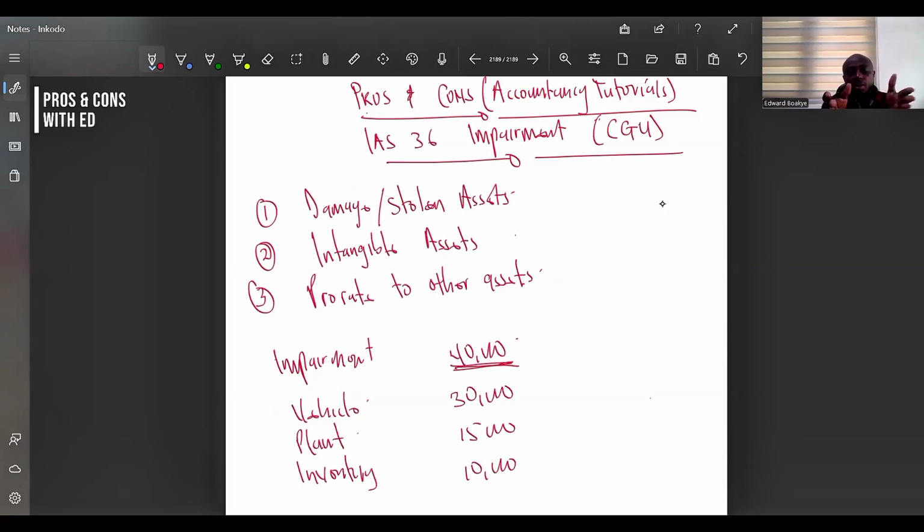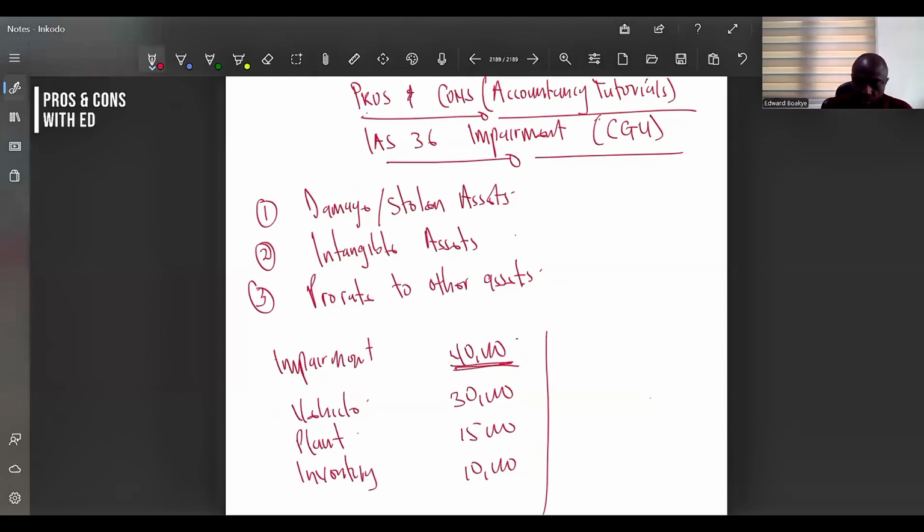Within this, there's nothing like an asset has been stolen or a certain asset is damaged. So what we have to do is to prorate the impairment to all these assets. How do we then do the prorate?